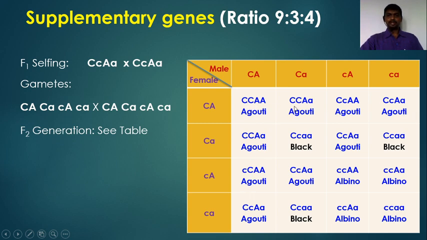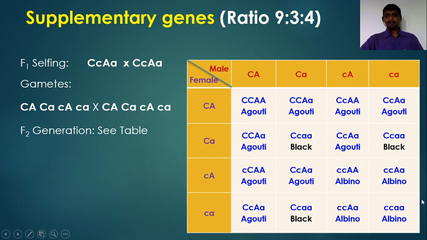Here also agouti, here also agouti, agouti, agouti. Here we can see this capital C, capital A, because of which it is agouti. Here is only one capital C, here also only one capital C, here also only one capital C, but this A in all these three genotypes is recessive, because of which the coat color is black.